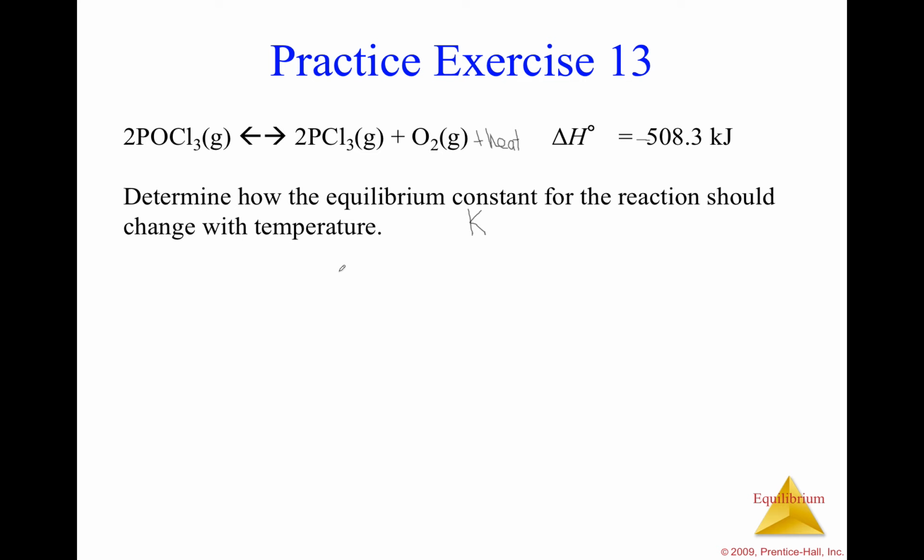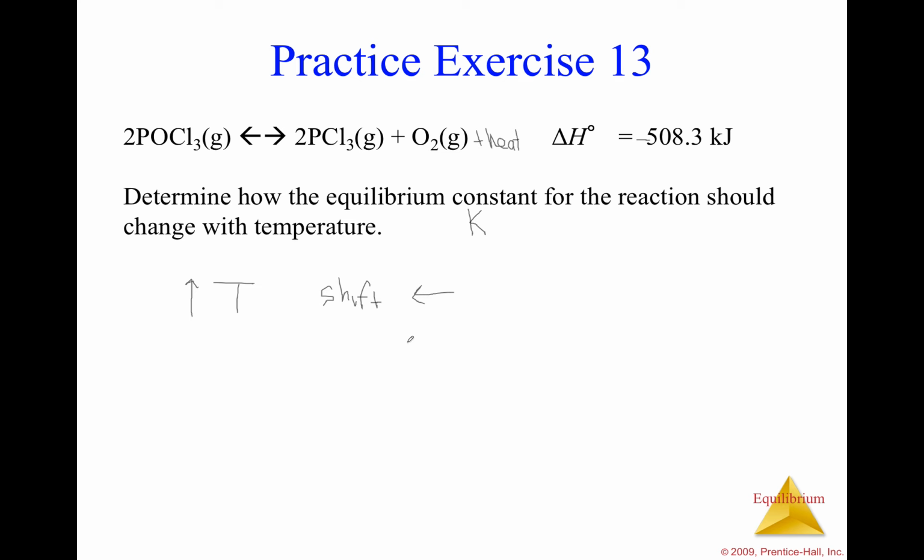Okay, thank you for pausing. So now, how does the equilibrium constant for this reaction change with temperature? If I increase temperature, that means I'm adding heat. So if I add heat, which way will the reaction shift? If I add heat, too many products, it shifts left to use up products and make more reactants. So we're going to shift to the left.